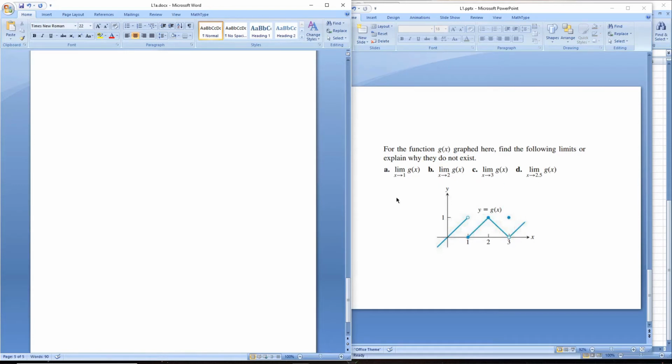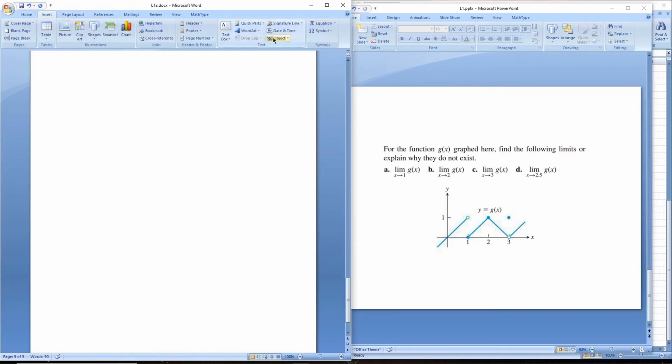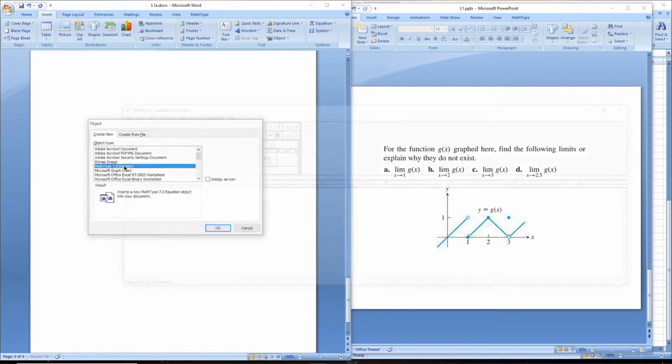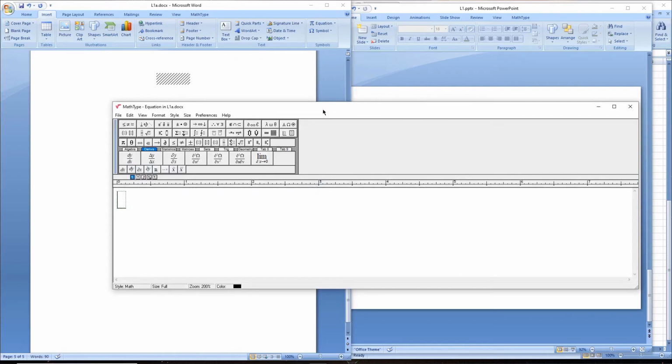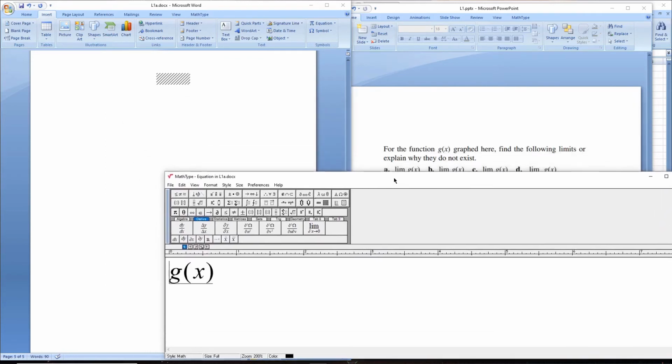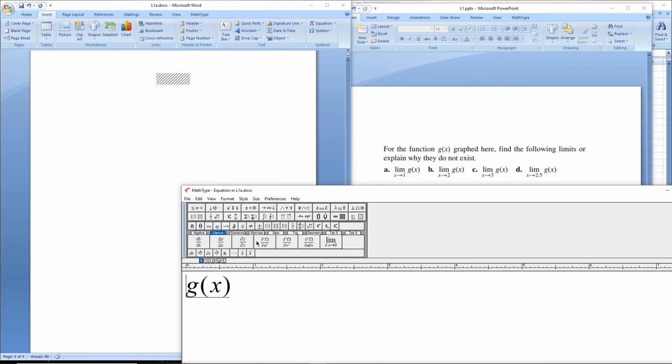And we have 4 parts. Let's look at that first part. They want us to figure out the limit of this function as x approaches 1.